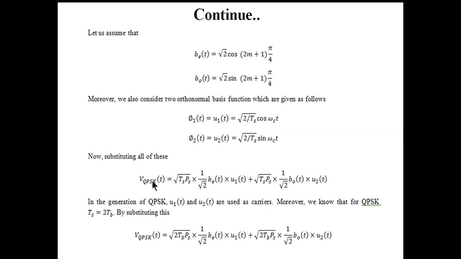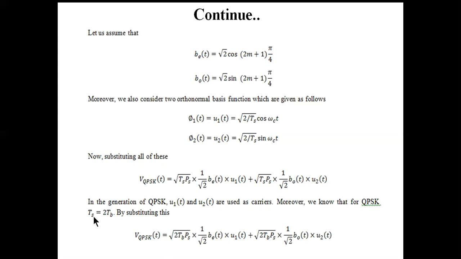Now, as you already know, in the case of QPSK, Ts equals 2 Tb. That means for one symbol, two bit periods have been used.